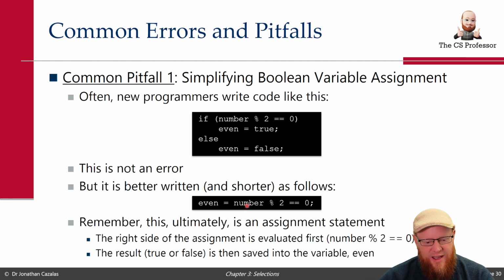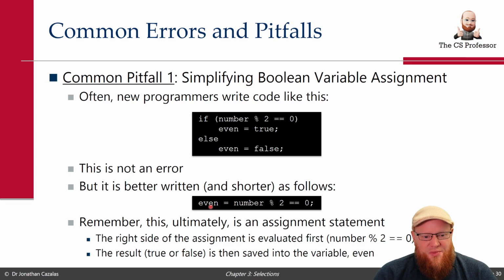So when you look to the right, we have number mod 2 equals 0. That is a Boolean expression. That's going to evaluate to true or false. So once it evaluates to true or false, what's going to happen? That result, true or false, will then get saved into the variable even.